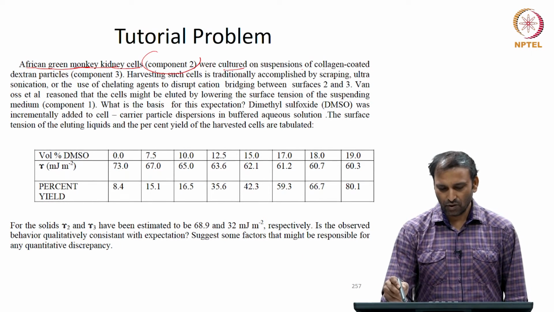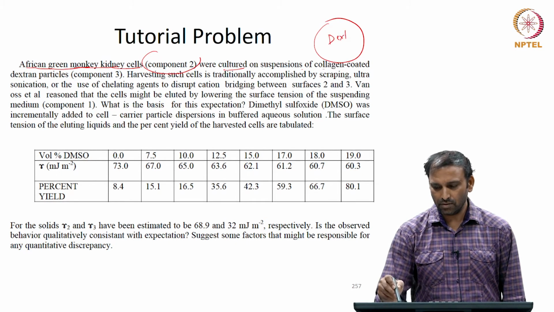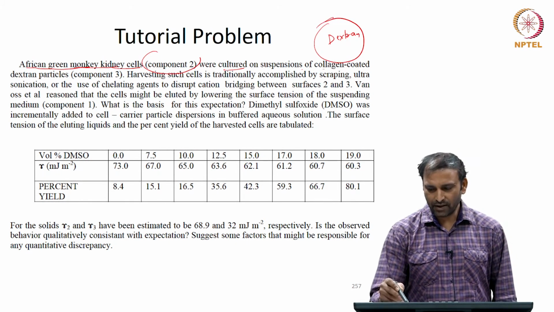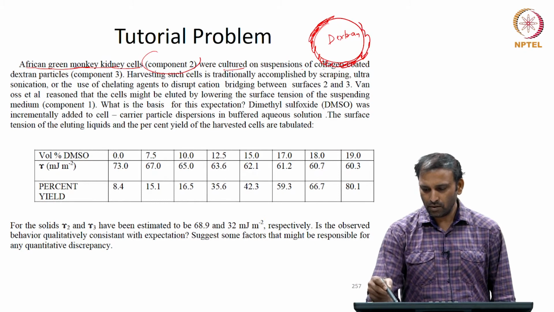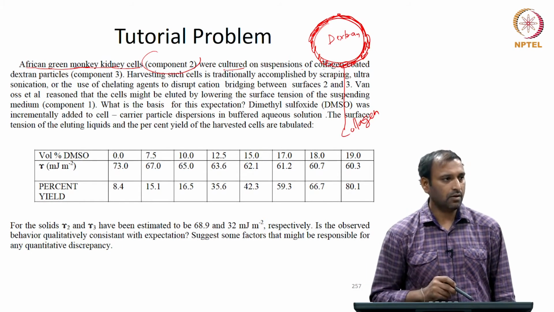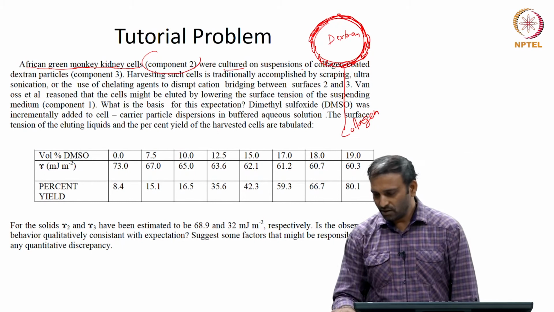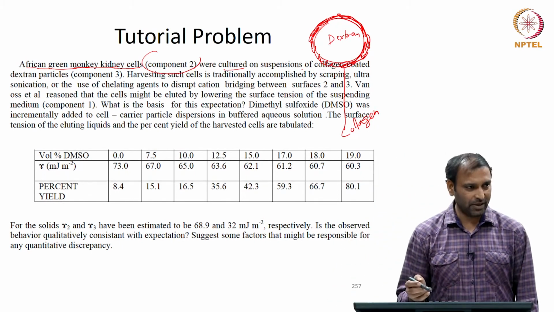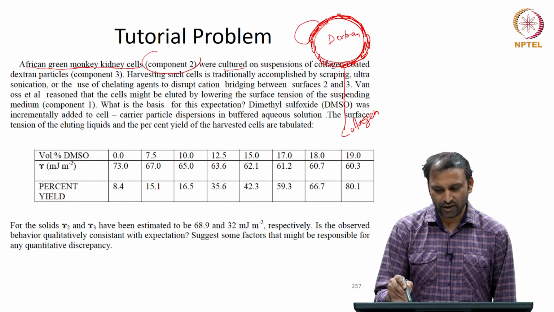So what you should think is you have a dextrin particle, and that is coated with collagen. And because collagen is biocompatible, you can grow cells on it. You can think about something like, this could be kidney cells.